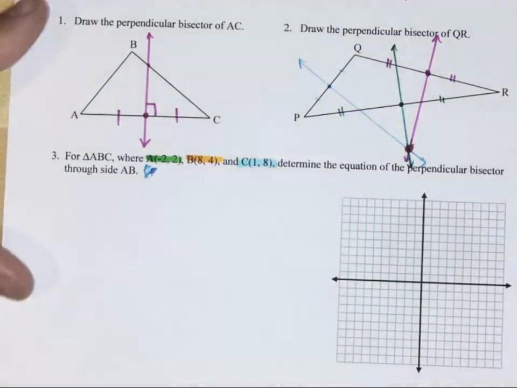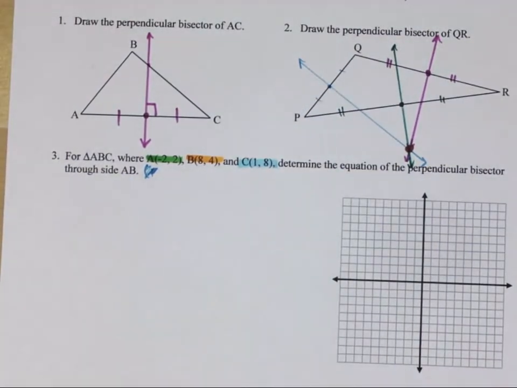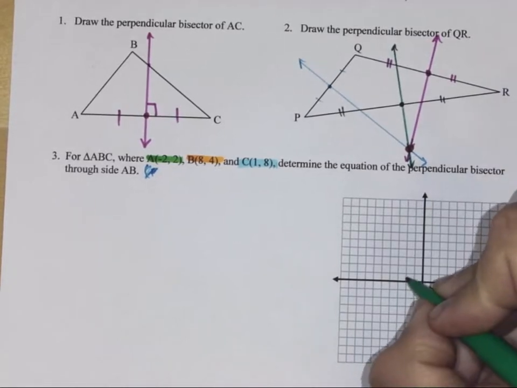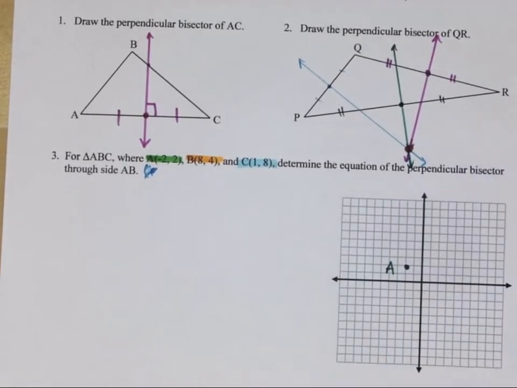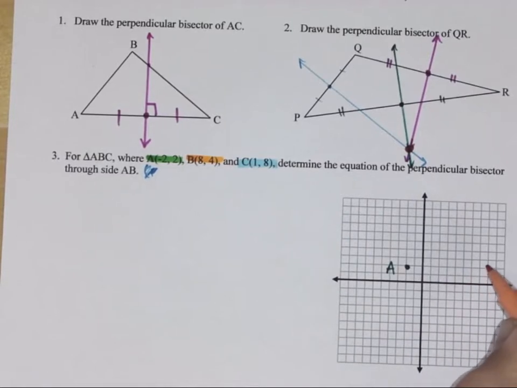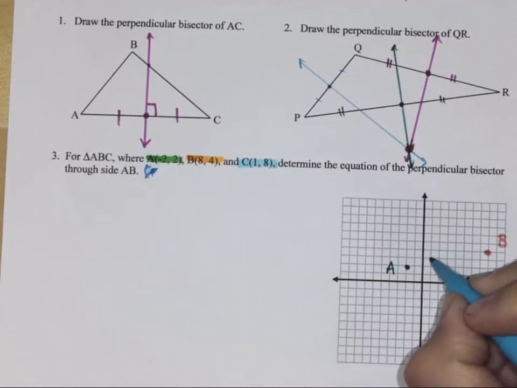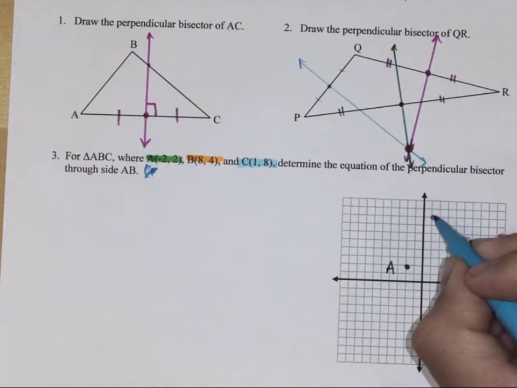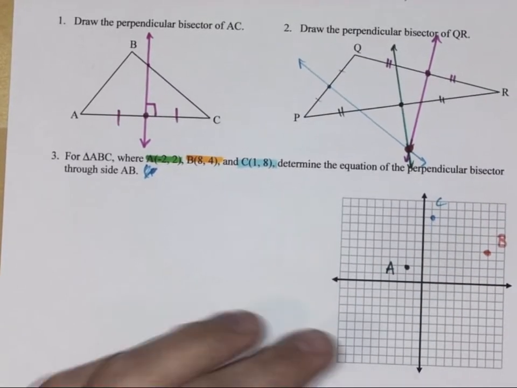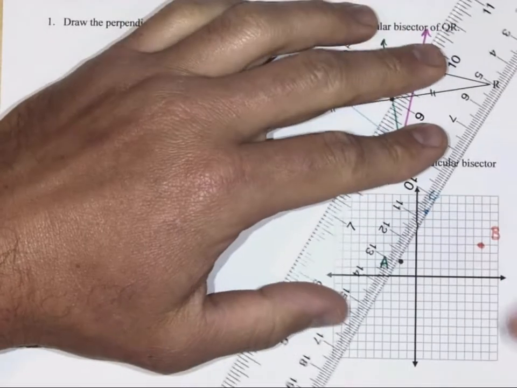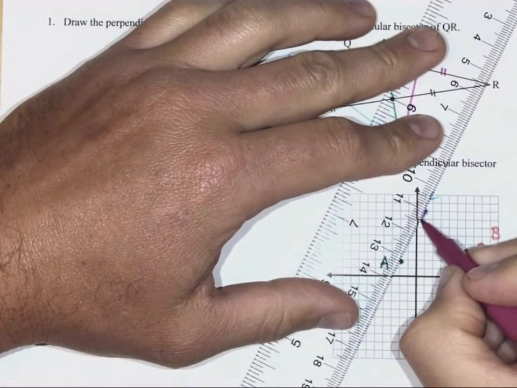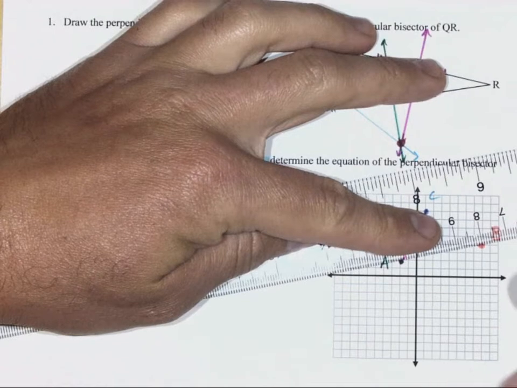We wouldn't even say from vertex C because it never goes through C. So let's put those points. Negative 2, 2. There's A. There's B. And there's C. Once again, we'll use our straight edge drawing tool and connect the dots.